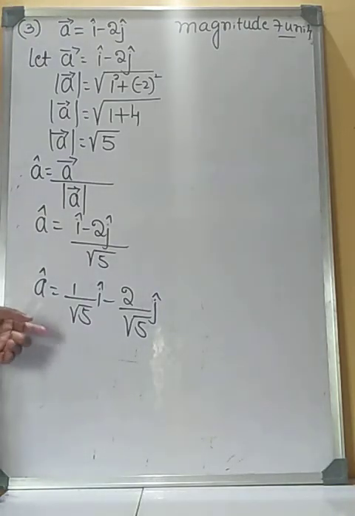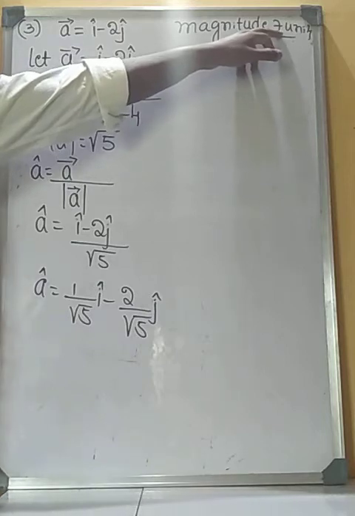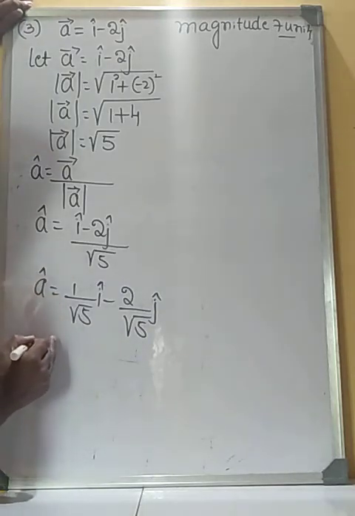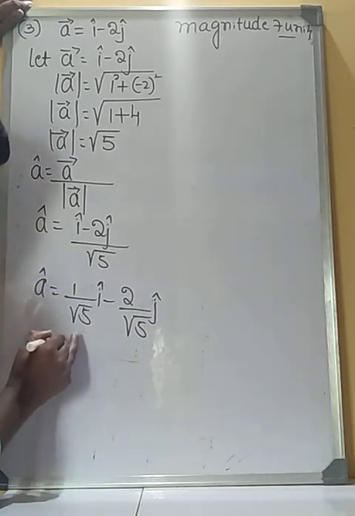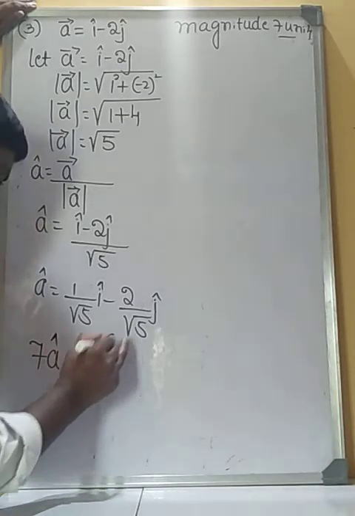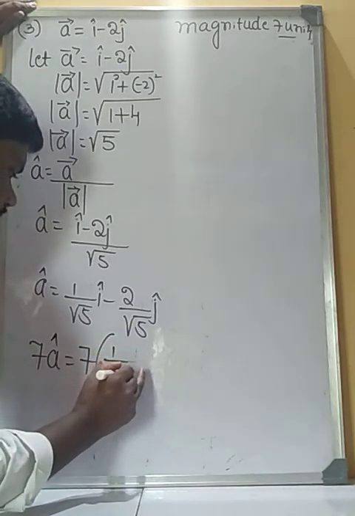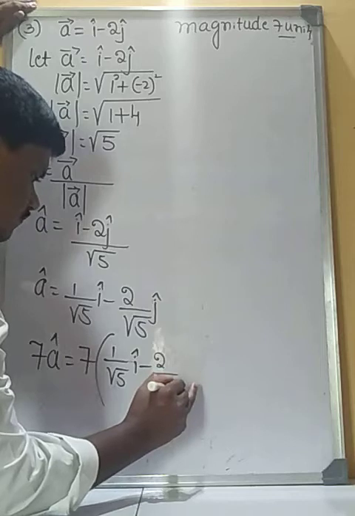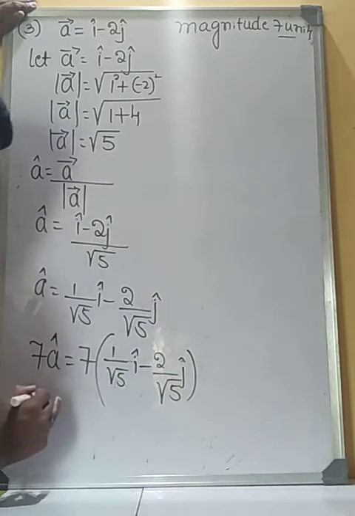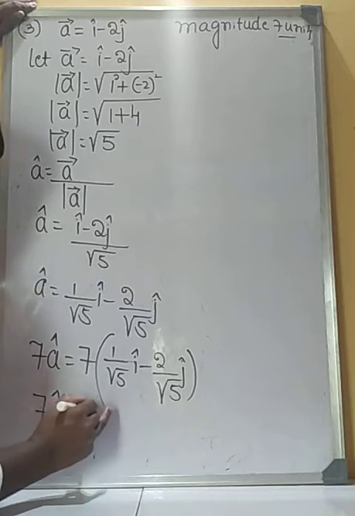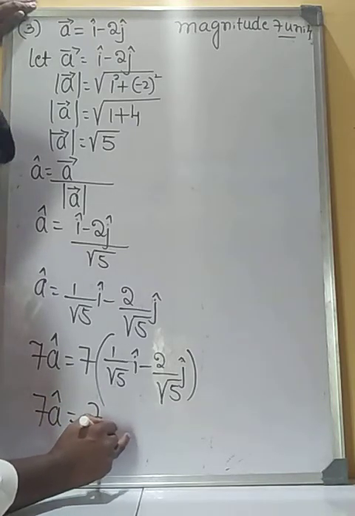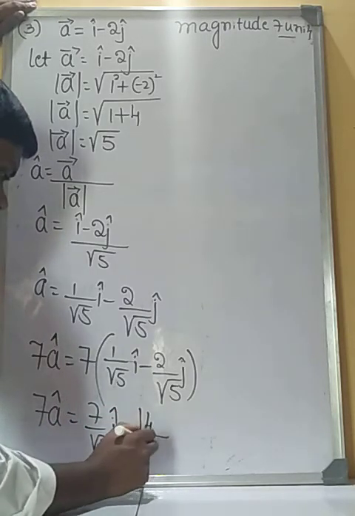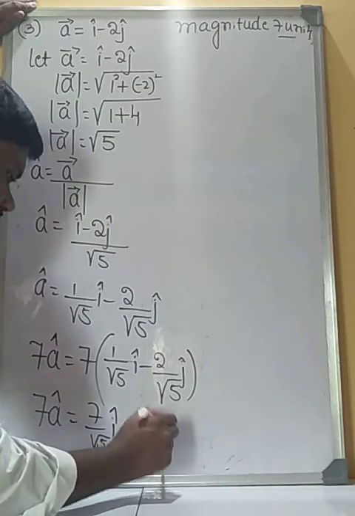Therefore the vector having magnitude 7 and in the direction of vector A is 7 into A cap, which is 7 by root 5 i minus 14 by root 5 j.